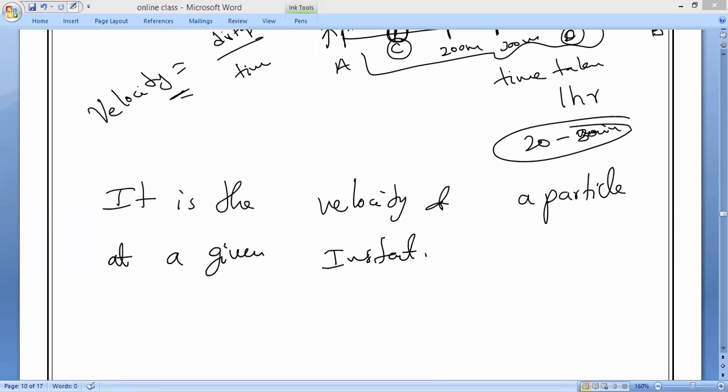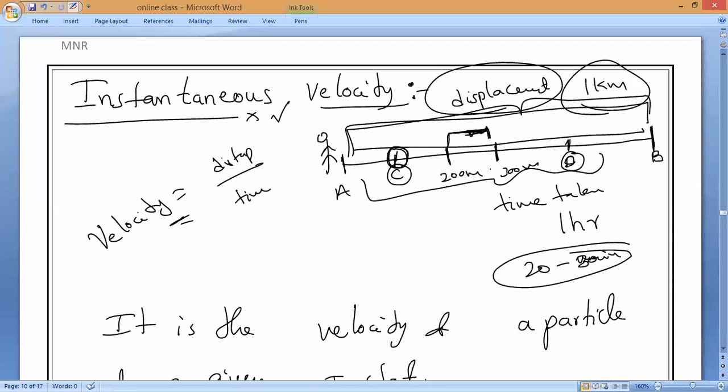So now, sir, how do we represent instantaneous velocity? What is the difference between uniform velocity and instantaneous velocity? That is what we will discuss now. So till here please write it. Now if you notice, instantaneous velocity means a particular part at a particular moment in the total velocity. Is it yes or no, guys?